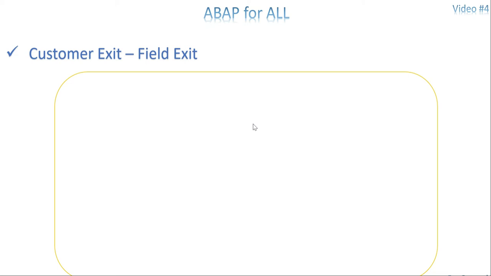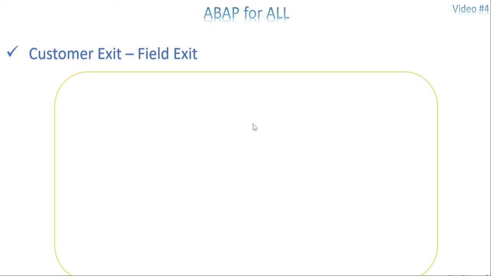Wherever the material MATNR data element has been used, please do the validation. Another option is to do this validation only for specific programs. So I have a few custom programs and I want this to be used only in specific programs. Yes, you have an option to map this field exit validation only to a few programs. Okay, that is also possible.